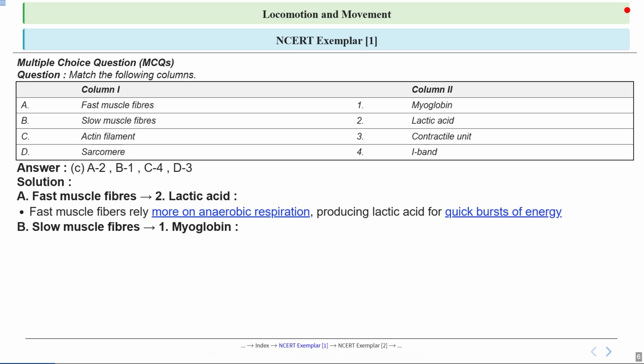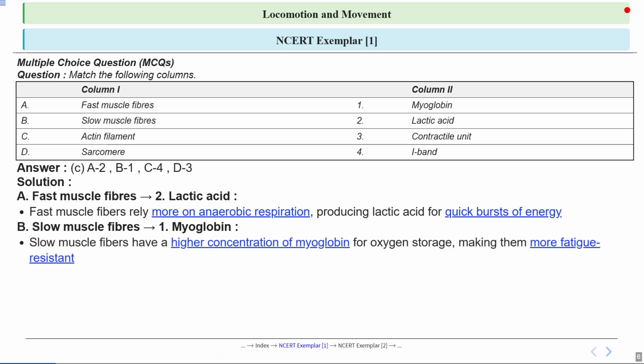Then talking about B, slow muscle fibers, which is B, is matched with 1, which is myoglobin. Why? Because slow muscle fibers have more myoglobin for oxygen storage. Now, talking in detail, slow muscle fibers have a higher concentration of myoglobin, which is a red color pigment that stores oxygen within the muscle cells, allowing them to sustain contractions for a longer period of time without tiring, making them more fatigue resistant.